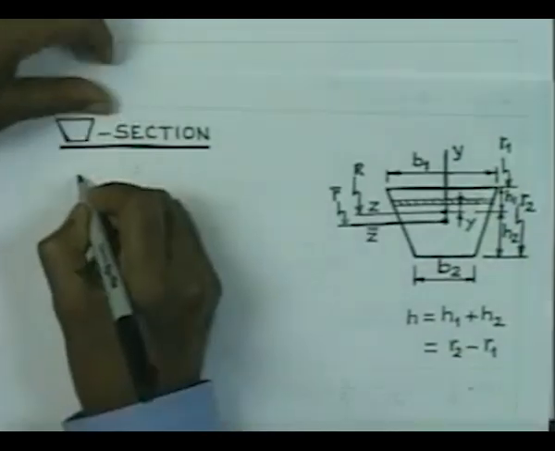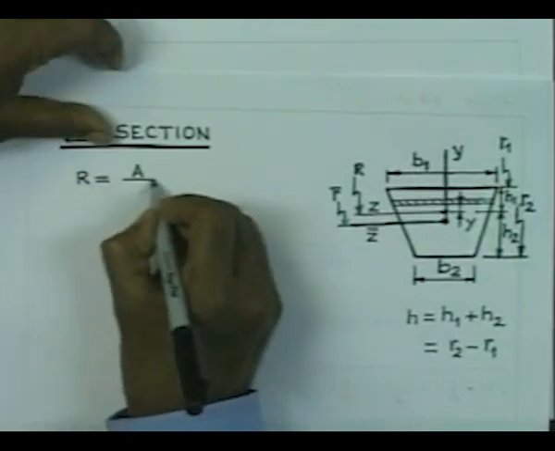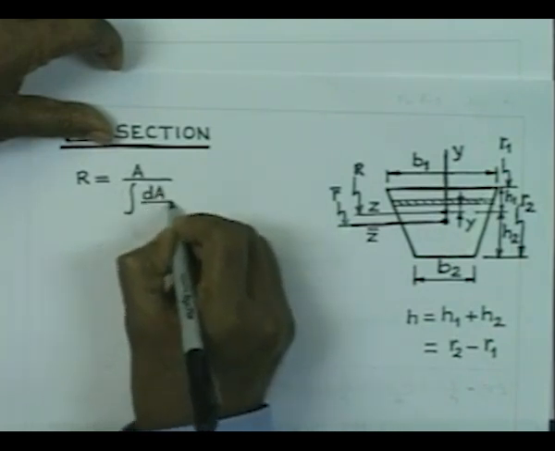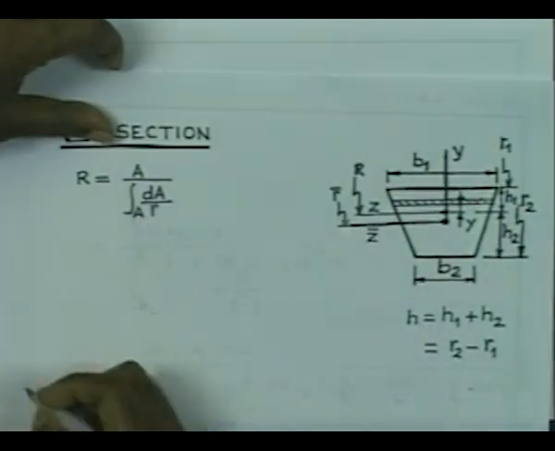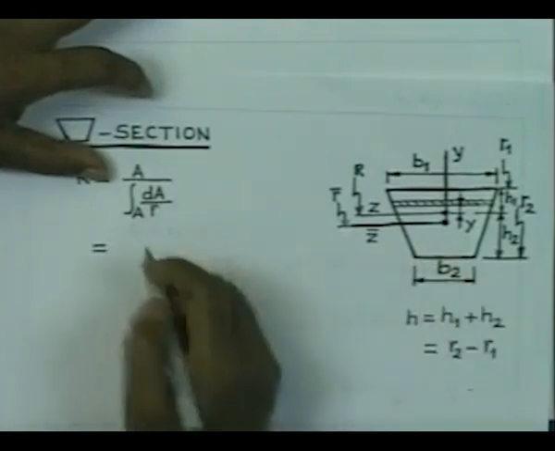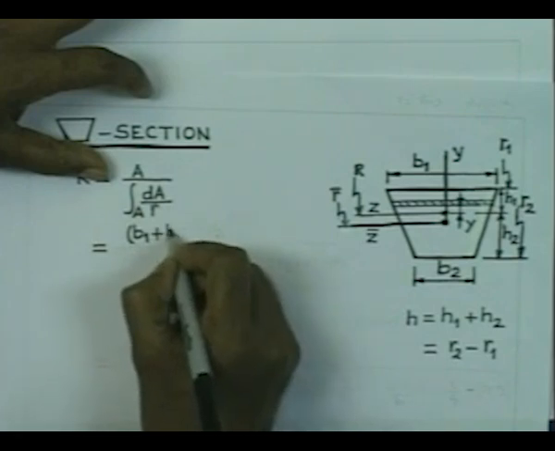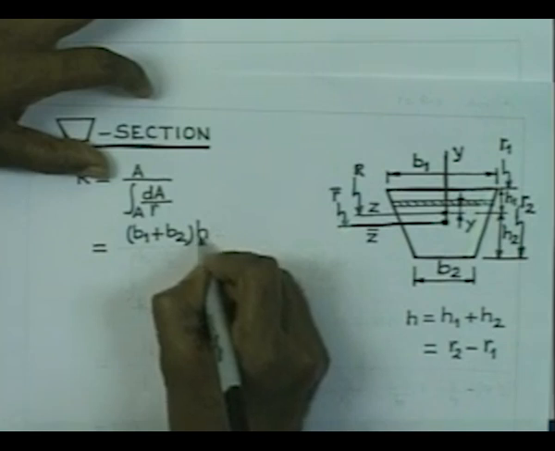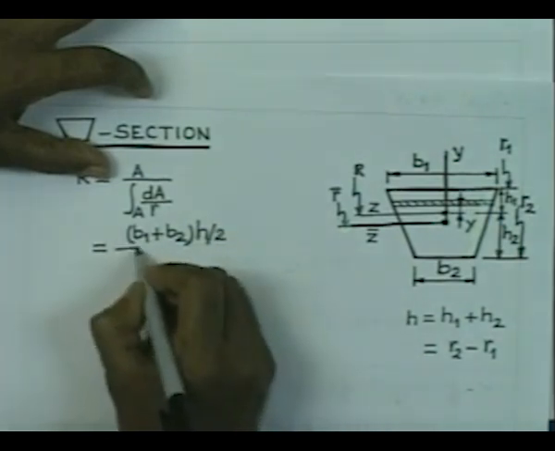We start with the formula r equal to A by integral dA by r over the whole section. Now, the cross sectional area is nothing but B1 plus B2 by 2 into h, or B1 plus B2 into h by 2, that is the cross sectional area.